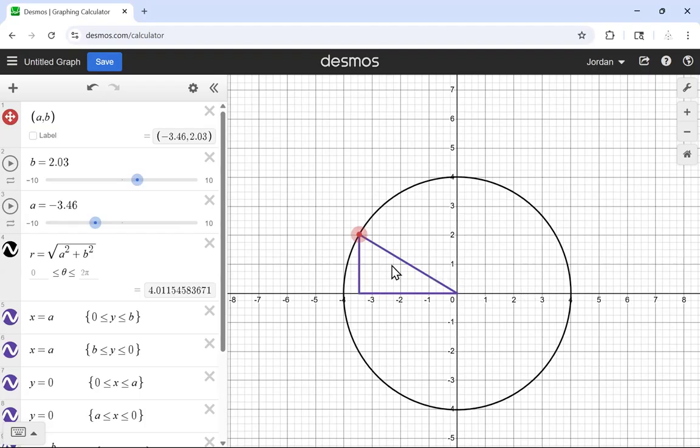Positive angle would move counterclockwise. But with negative 7 pi over 6 we move clockwise 7 pi over 6 units, radians. And then we're moving out 4 units and we get to that point there, or something close to that point anyways. And again, this point is in the second quadrant here, quadrant 1, 2, 3, 4. So this is a quadrant 2 point.